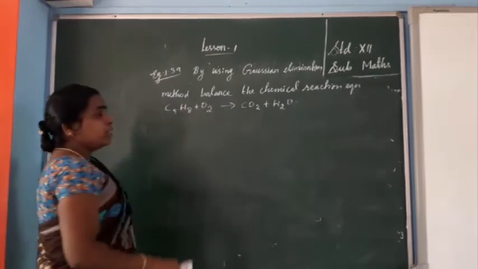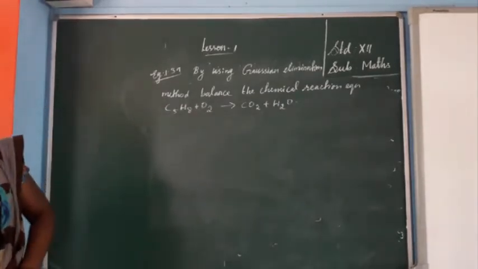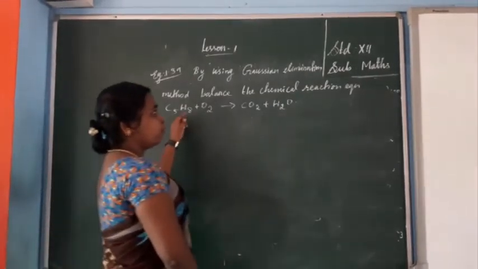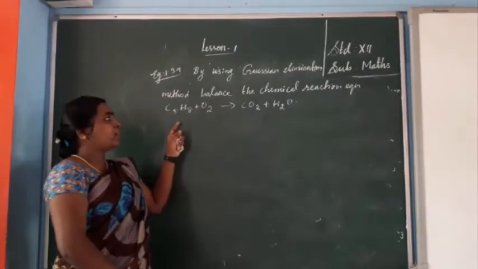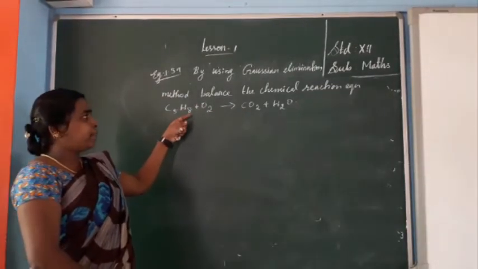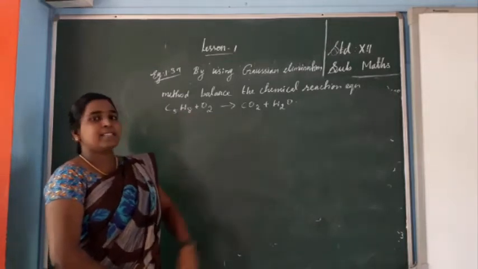See the question. By using Gaussian elimination method, we have to balance the chemical reaction equation: C5H8 plus O2 gives CO2 plus H2O.